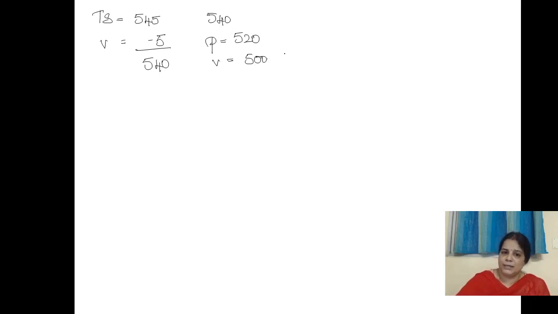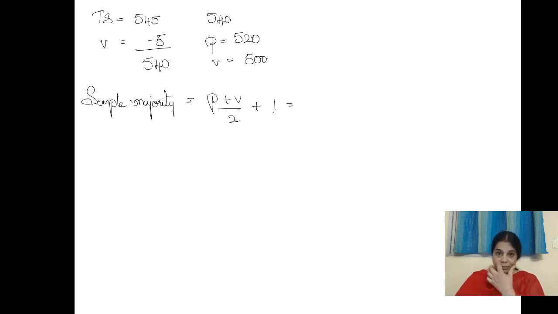Now, how do you calculate when you have such statistics? For simple majority, you'll also notice that there will be an increase for every majority, so this will give you more clarity. The formula is present plus voting divided by 2 plus 1. Please remember, present plus voting does not mean that you add both of them and take 1020.